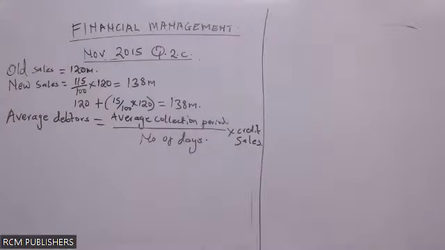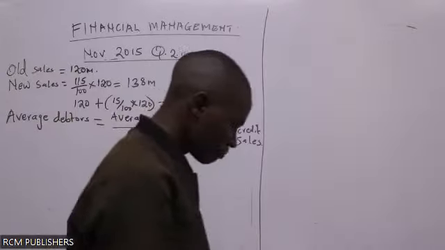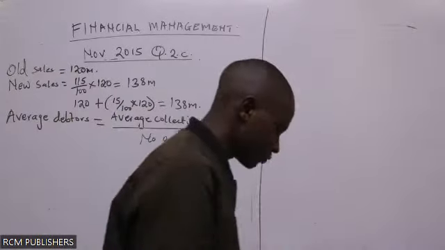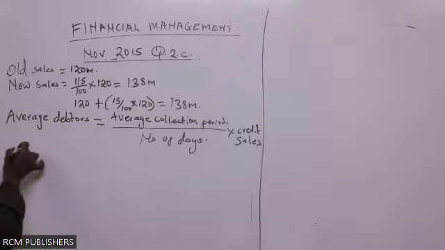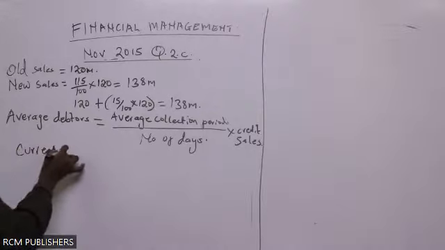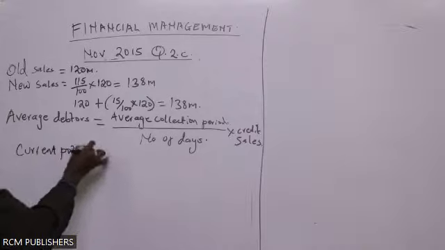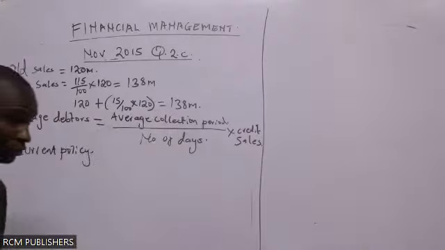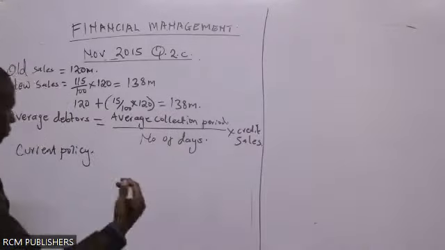Have we been given the correction period? Angalia tu for the, let's start with the current policy. Correction period ilikuwa gani? Average correction period ilikuwa ngapi? 45. So we have been given.